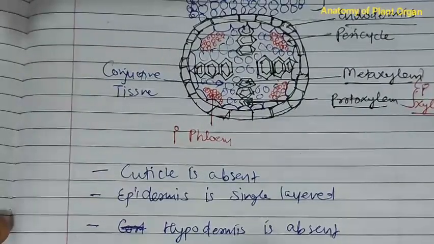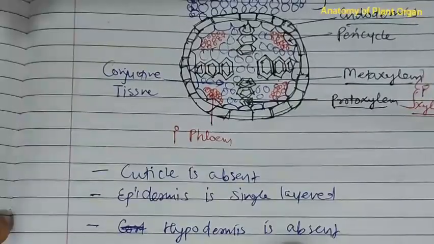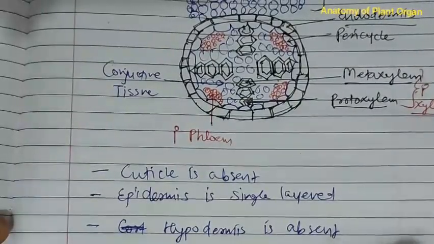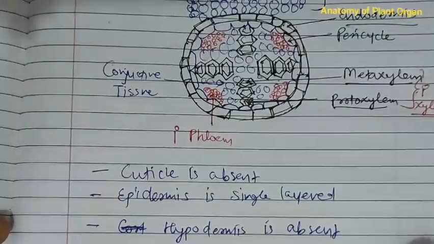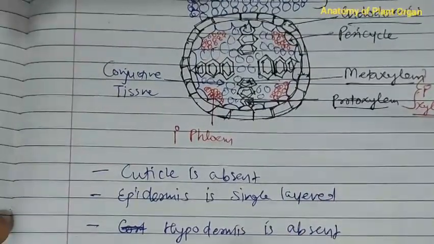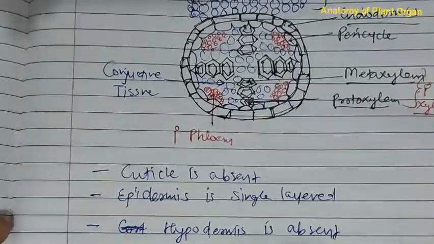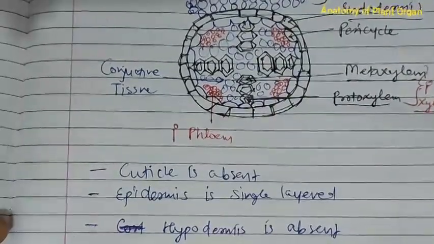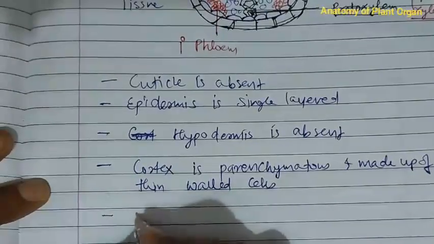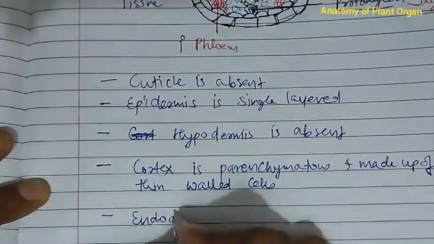Cortex is parenchymatous and made up of thin walled cells, so they can have intercellular spaces as well. Now inner to cortex we find an endodermis.